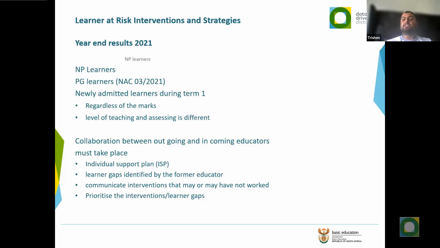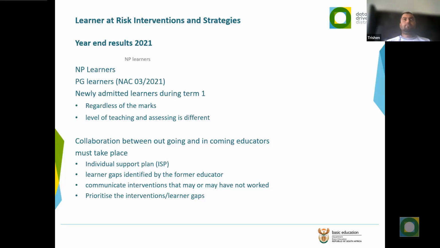Then I would tell you that that intervention strategy makes sense. There needs to be a link between the identified challenge and the intervention strategy that you're trying to implement. That is extremely, extremely important to note.